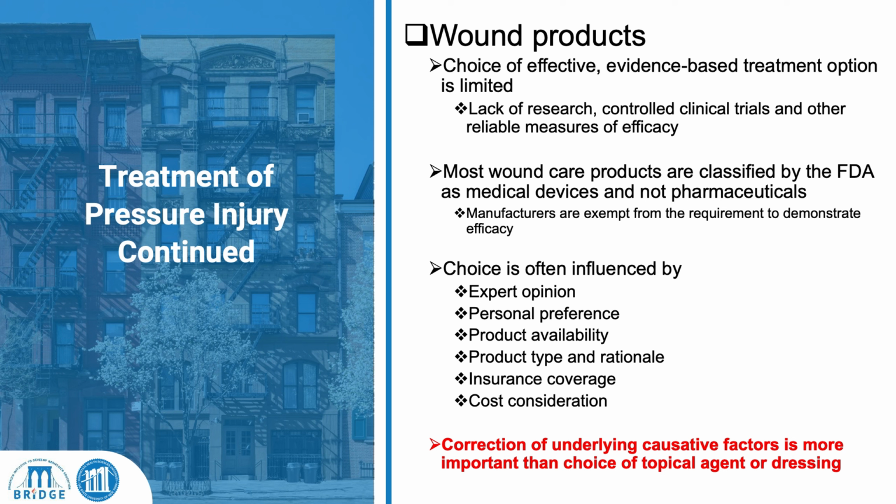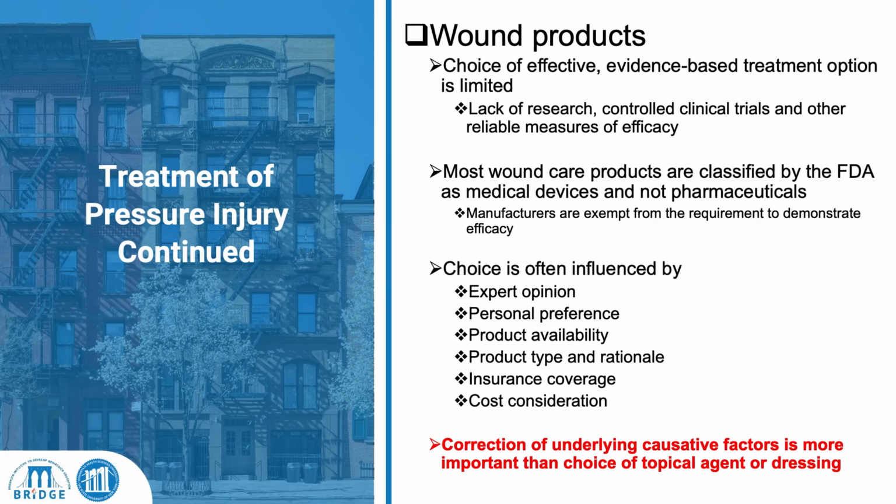Treatment of pressure injury also includes utilization of wound products. The choice of effective evidence-based treatment is limited, primarily due to the lack of controlled clinical trials and other reliable measures of efficacy to justify using a particular product. This is also because most wound care products are classified by the Food and Drug Administration as a medical device and not as a pharmaceutical.